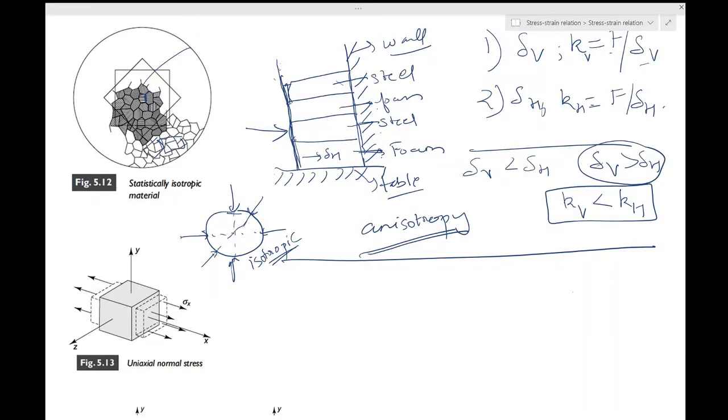So we'll consider various components of stress one at a time, and add all their strain effects to get the resulting strain in the presence of all components of stress for a material which is assumed to be isotropic. So we will only proceed with an isotropic material in this course.